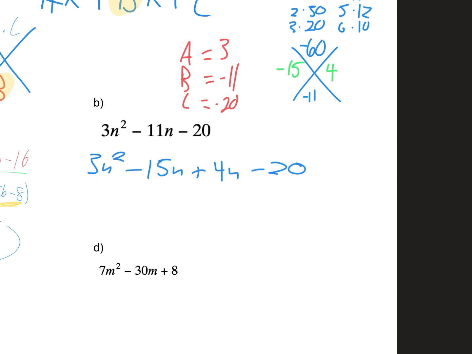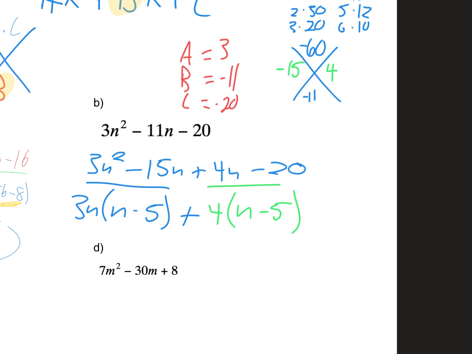I'll get rid of my highlights. Okay, so if I want to group these, let's do a blue group and let's do a green group. In our blue group, I can factor out 3n, and I'll be left with n minus 5. And in our green group, I can factor out a 4, and I'm left with also n minus 5.